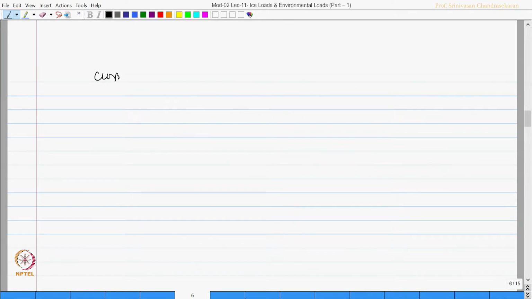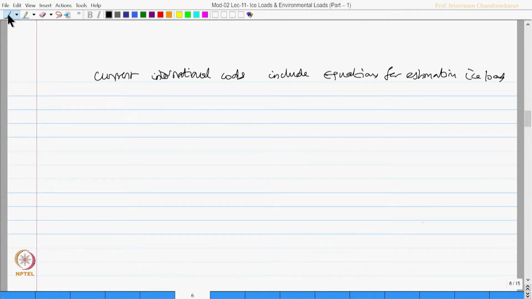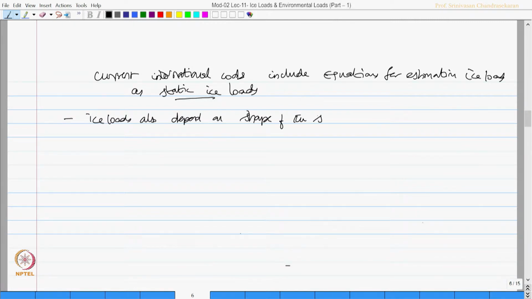Interestingly, the current international codes include equations for estimating ice load as static ice loads. It is important to know that ice loads also depend on shape of the structure which it is encountering.